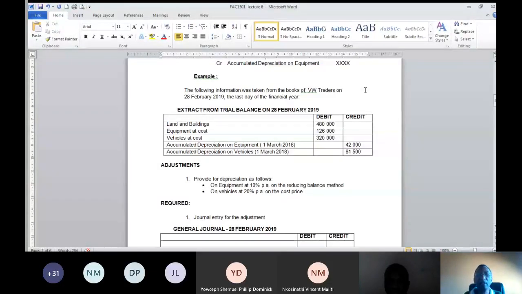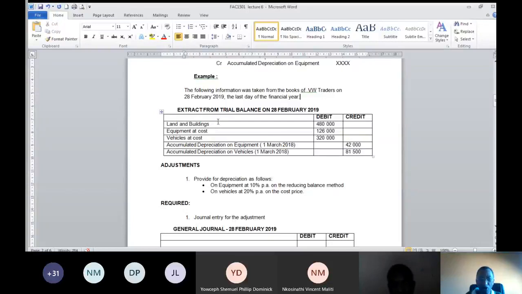So now I say the following information was taken from the books of VW Traders on the 28th of February 2019. That was the last day of the financial year.